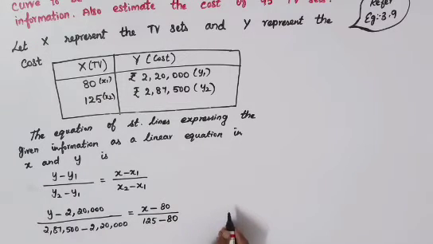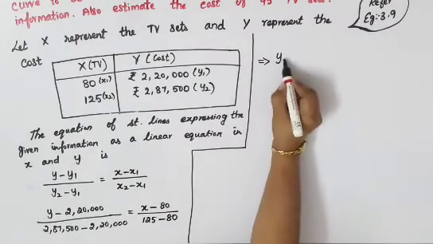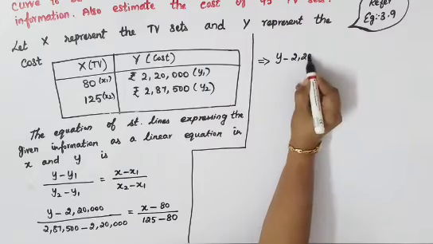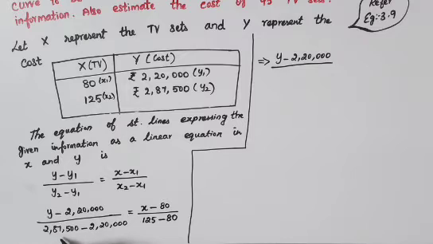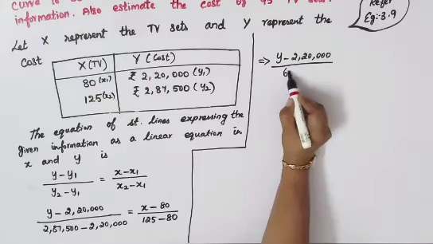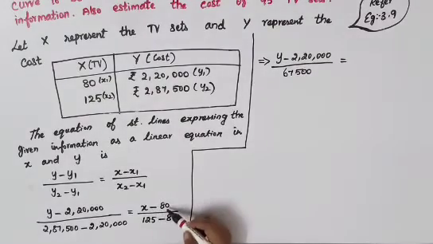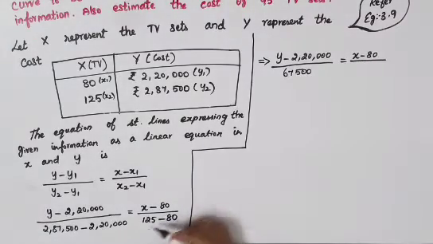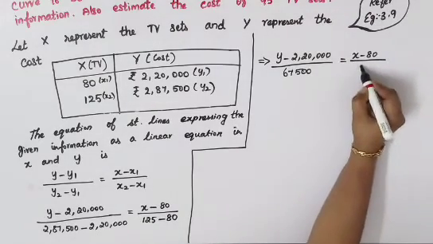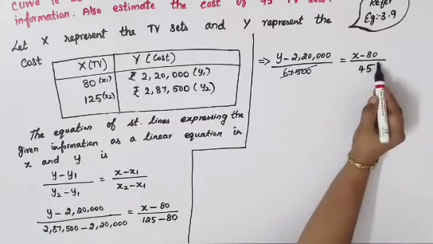Now going to your solving, which implies numerator as it is Y minus 2,20,000 divided by 2,87,500 minus 2,20,000, you will get 67,500, which is equal to, this numerator as it is X minus 80 divided by 125 minus 80, you will get 45. Now we can cancel this 67,500 and 45.